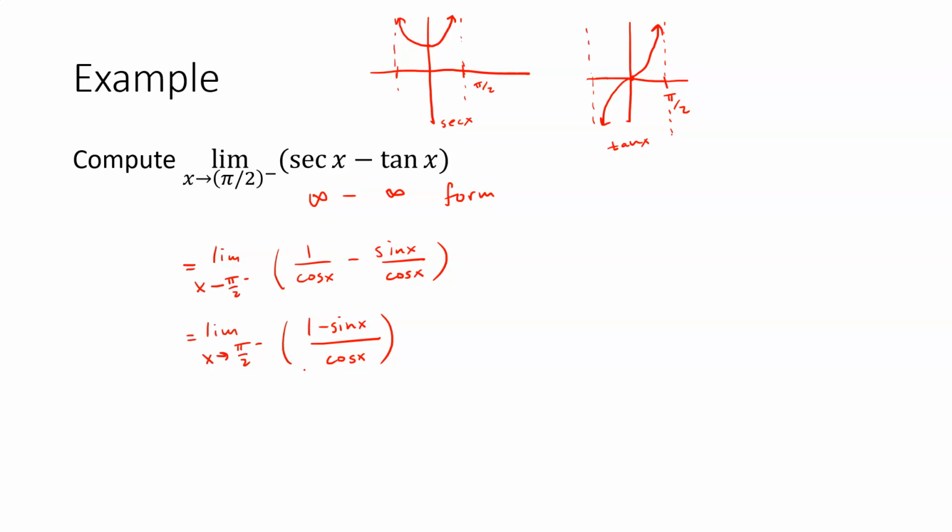Now we have something in a different form. In the numerator we have 1 minus sine x. We know sine of pi over 2 is 1, so this approaches 1 minus 1 equals 0 in the numerator. And cosine of pi over 2 is 0, so this will be 0 in the denominator. So we have the 0 over 0 form, and now we can apply L'Hopital's rule.